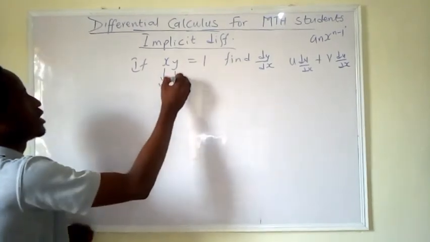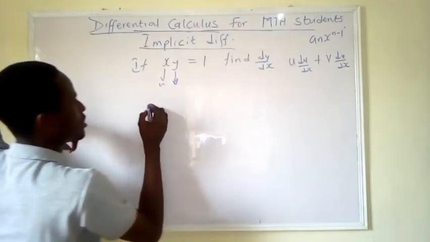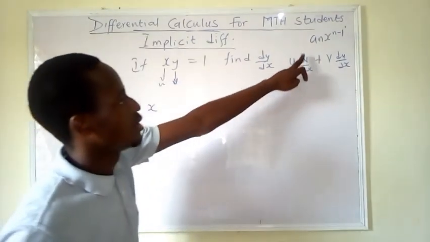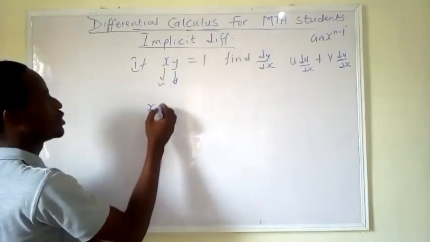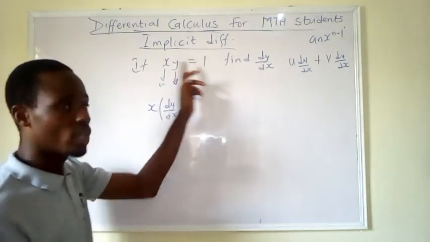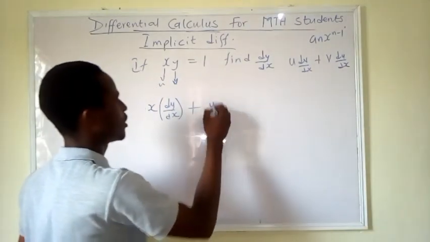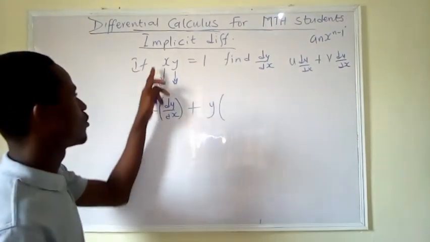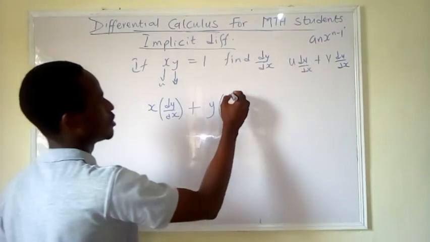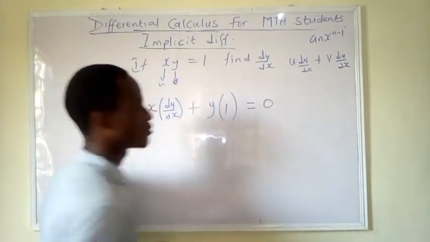Following the formula, u, that is x, times dv/dx, the derivative of y, which is 1 dy/dx, plus v, which is y, times the derivative of x, and that will be 1. All equals, the derivative of 1 will be 0.